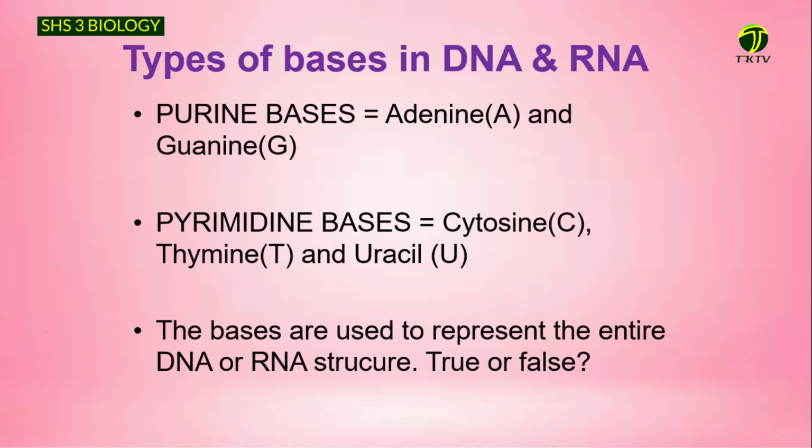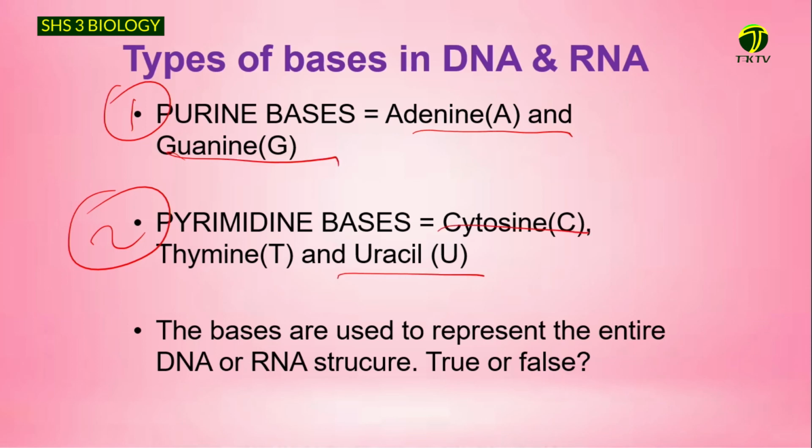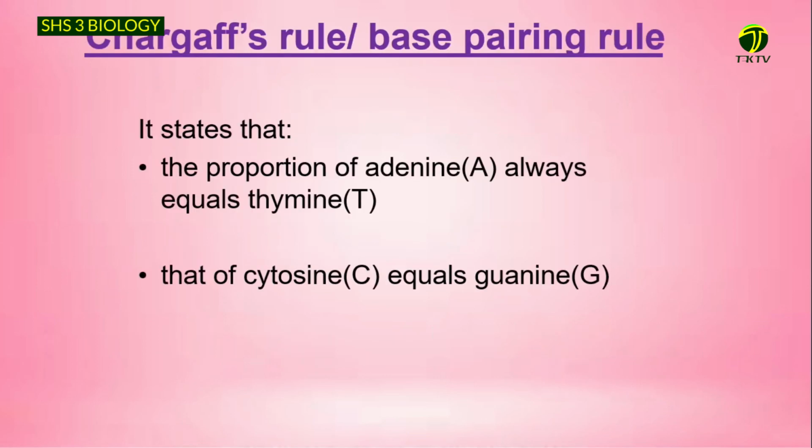Remember we said here that the purines are one group. Then the pyrimidines are also another group. So we have adenine as a purine, guanine as a purine, cytosine, uracil, thymine as pyrimidines. So what we are saying here is that the purines will pair with pyrimidines, basically. So adenine, which is a purine, is going to pair with thymine, which is a pyrimidine.